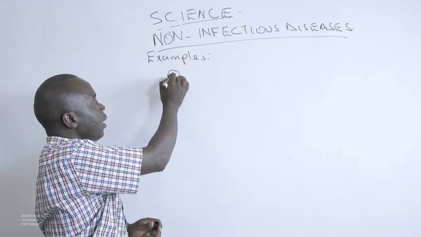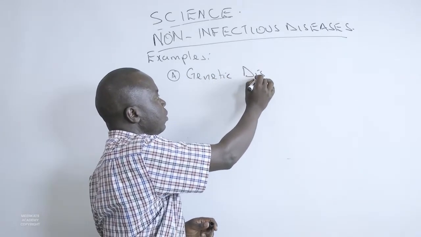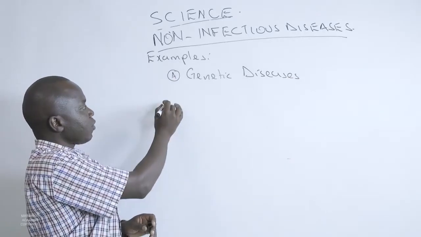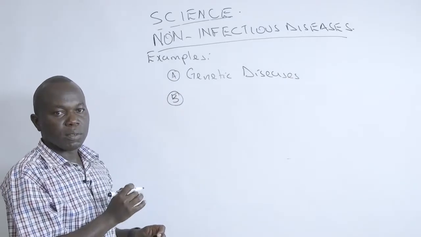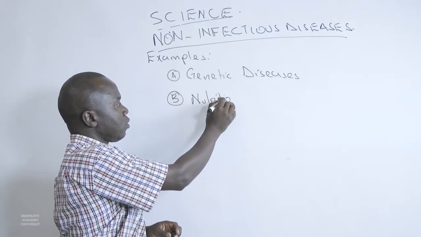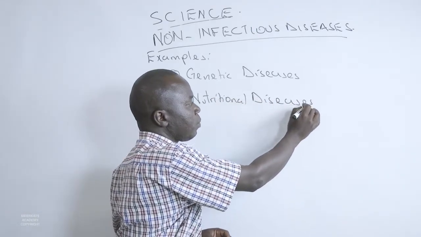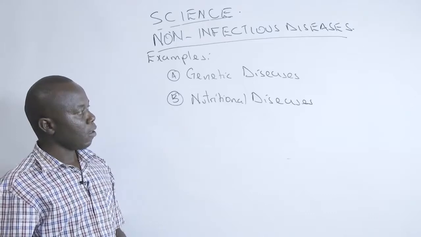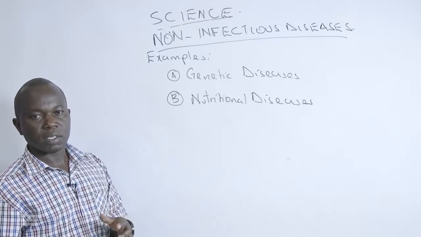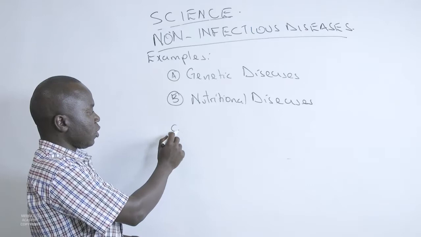It could be genetic diseases. We shall look at some of the examples of genetic diseases. They could be nutritional diseases, which means maybe there is excess or a limited supply of some nutrients, or some deficiency in the diet, which can cause nutritional disease.